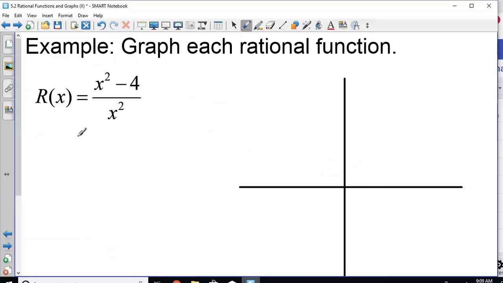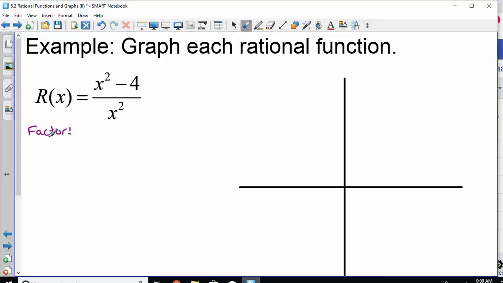Let's look at, okay, first step is to factor.